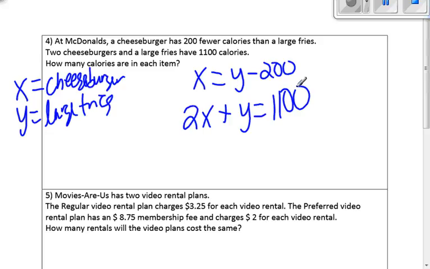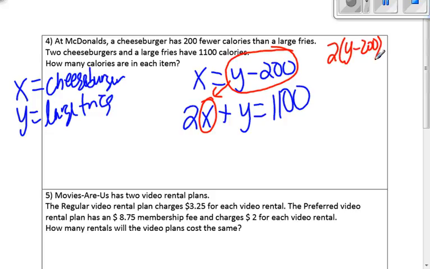So this one is not set up for elimination. They're not lined up. It looks like they're lined up. This is where you got to be careful because it sure looks like the X's, the Y's, and the numbers are lined up, but the equal signs are not lined up. So you cannot do elimination here. But since it says that X equals Y minus 200, and there's an X in the second equation, I could substitute. So 2 times Y minus 200 plus Y equals 1,100.